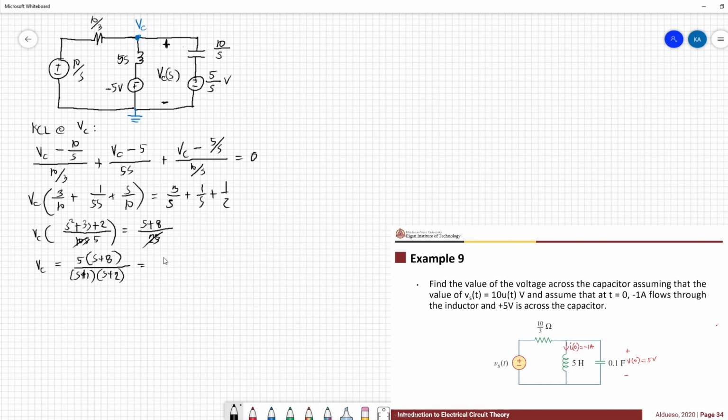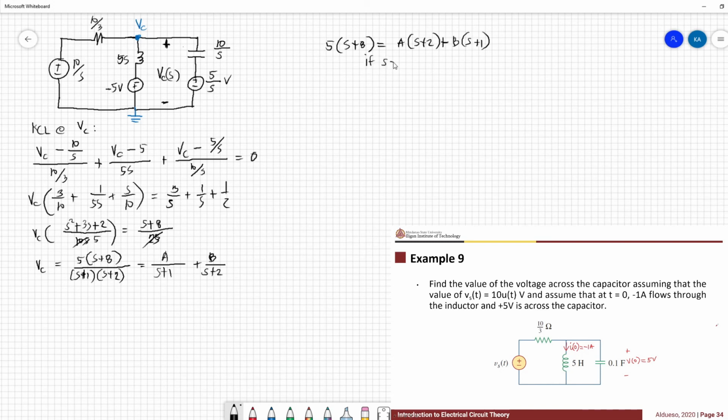Using partial fractions, we have A over S plus 1 plus B over S plus 2. Now solving for the value of A and B, we have 5 times S plus 8 equal to A times S plus 2 plus B times S plus 1.